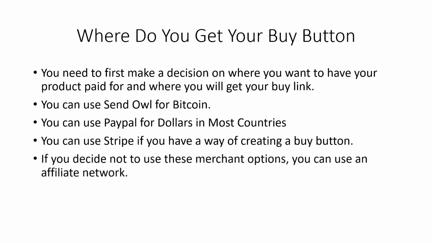If you want to use Bitcoin, you can do all of those three mediums. And you can use any of these merchants, but if you decide not to use them exclusively, let's say you decide you don't want to use PayPal exclusively, you can use an affiliate network in order to deliver your product, in order to facilitate payment.